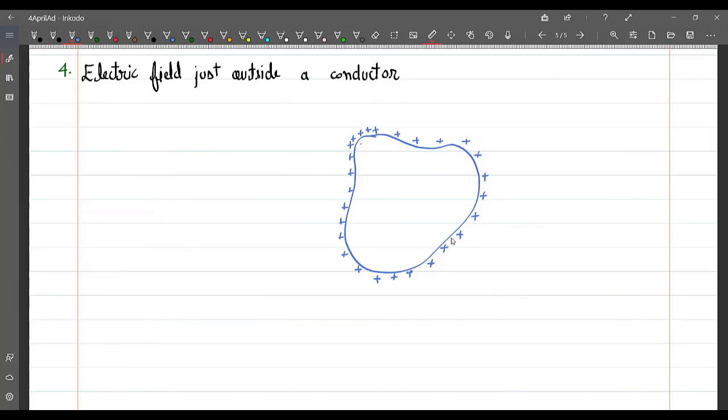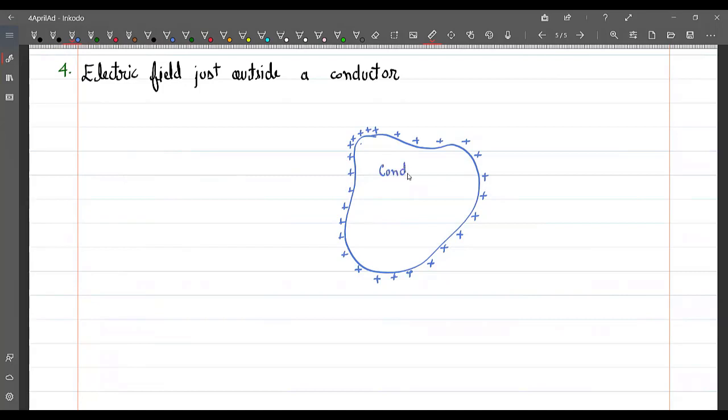Charges are not evenly spread; it depends on the shape of the conductor. If there is a pointy region, there the number of charges will be more. The reason for this, you'll be studying in the next chapter, electric potential. Potential at each and every point on the conductor remains the same.